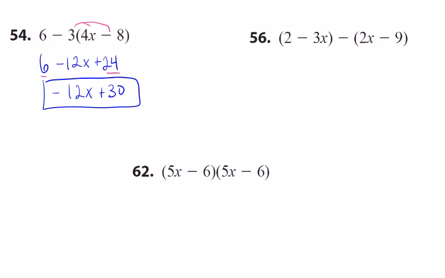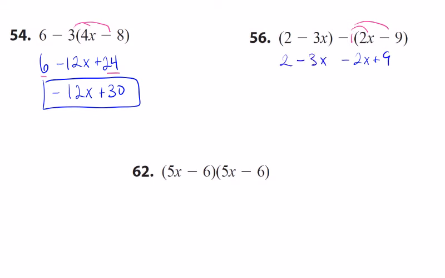Okay, now number 56. Here, with this minus, we're subtracting, and so I can do 2 minus negative 9. Or the other way to do it is I can actually distribute this negative 1, and then I would get negative 2x plus 9, and then I can bring down these.